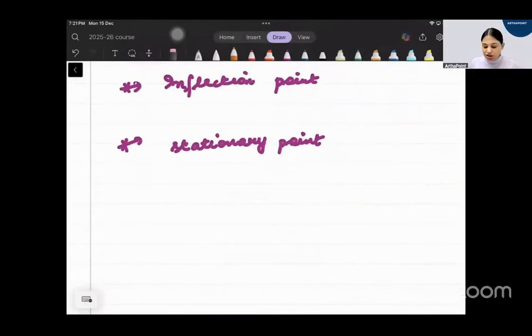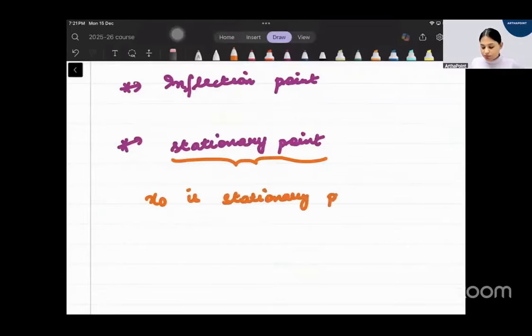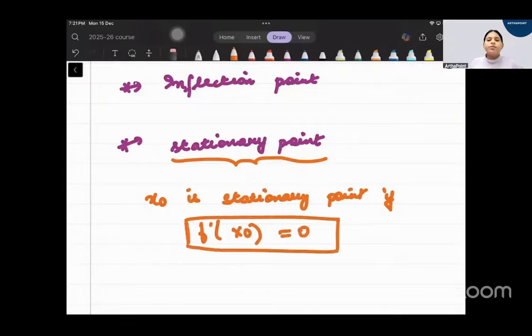Now there is something called an inflection point and something called a stationary point. जब हम stationary point के बारे में बात करते हैं, we can say x naught is a stationary point if when I find the first order derivative of the function at that point, I get 0. So if it happens कि जब हमने first order derivative निकाला and वो 0 आ जाए, right?